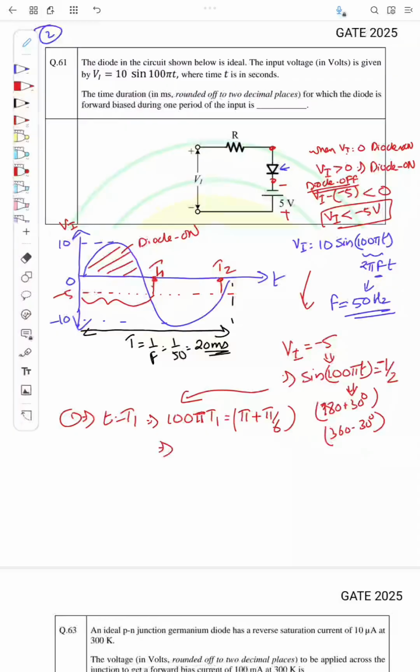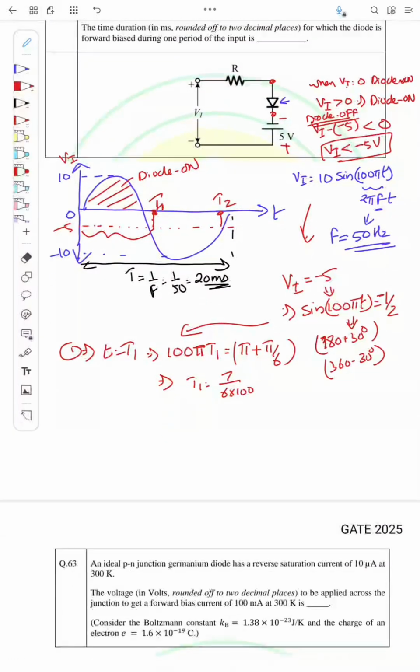So from here if we calculate, T1 will be equal to 7 by 6 into 100. And so this will be T1. And case 2 is when t is equal to T2. This happens when 100 pi T2 is equal to 2 pi minus pi by 6.